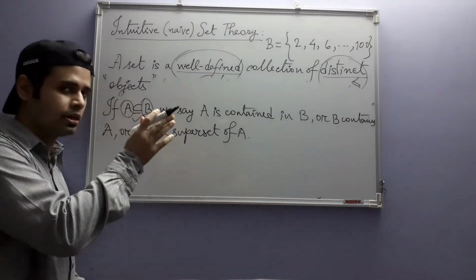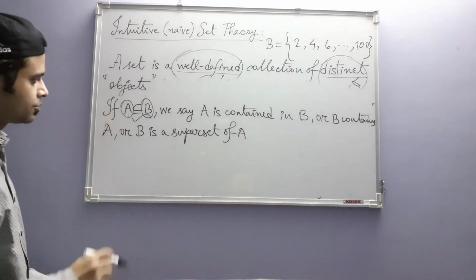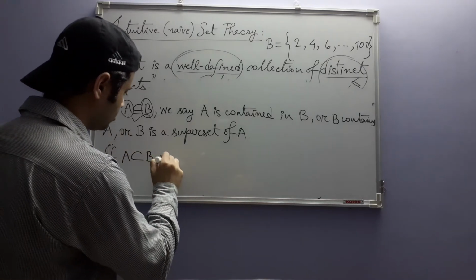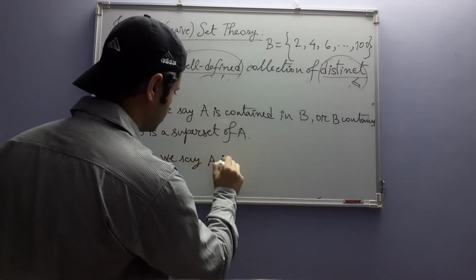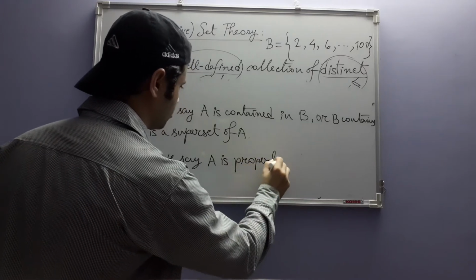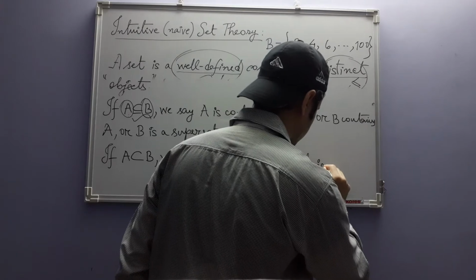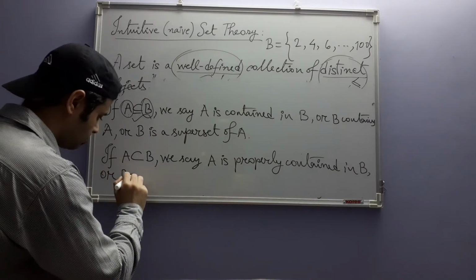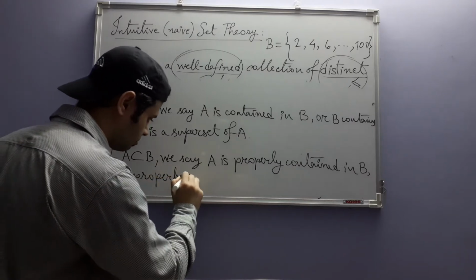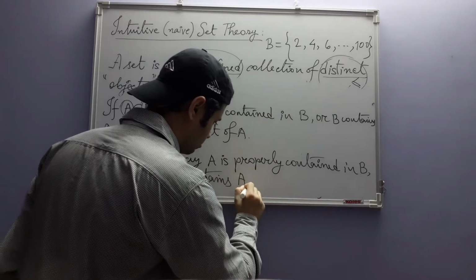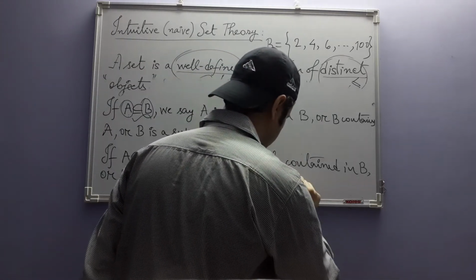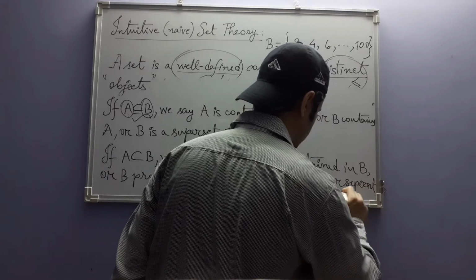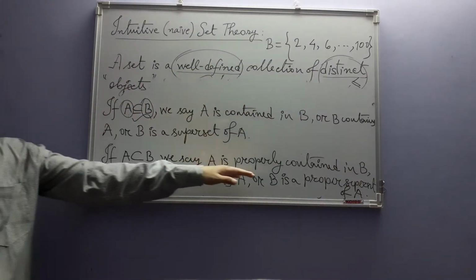If it is not equal to B additionally, then A is a proper subset of B. So in the same way, if A is a proper subset of B, we say A is properly contained in B, or B properly contains A, or B is a proper superset of A, similar to the ones above.